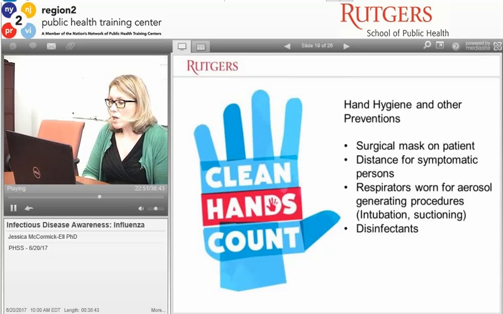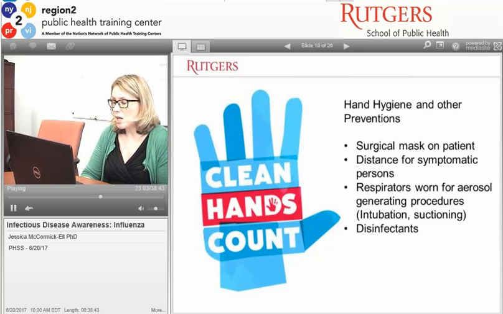However, there's always the concern in certain areas for avian or swine influenza. And so if the person had been working, and it's not so bad in New Jersey, right? But in certain areas, if the person had been working on a poultry farm, for instance, and they came in with flu-like symptoms, it's really important that the healthcare worker be wearing a respirator, just in case that virus is avian influenza and it could jump from person to person.